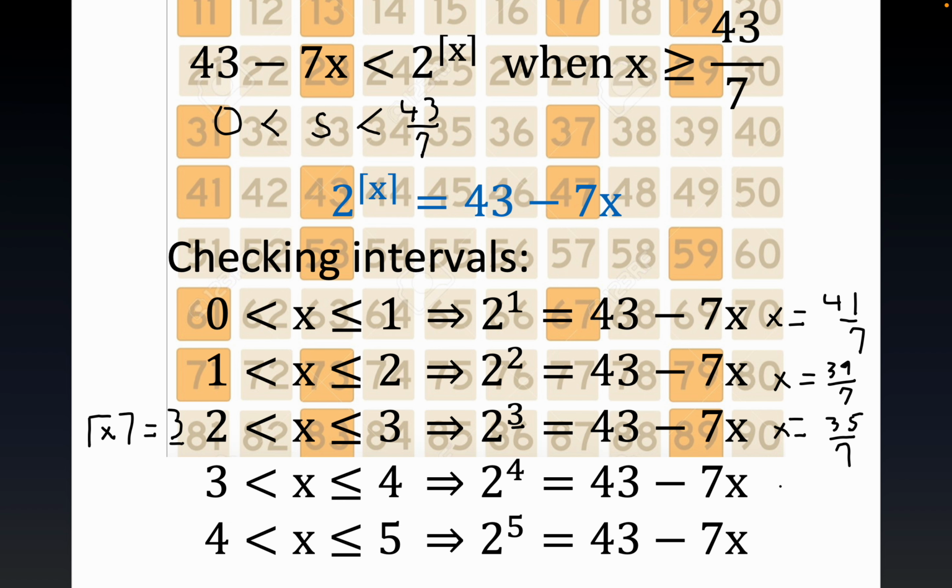And so what we'll end up with is x is equal to 27 over 7. And I'm pretty sure I got the arithmetic correct. All right. And it turns out this is a number between 3 and 4. It's just underneath 4, right? In fact, it's 3 and 6/7. So this one would be a solution so far.